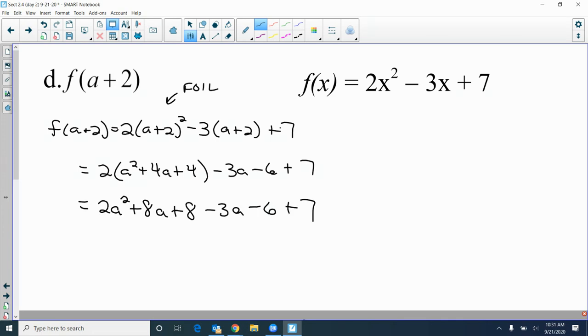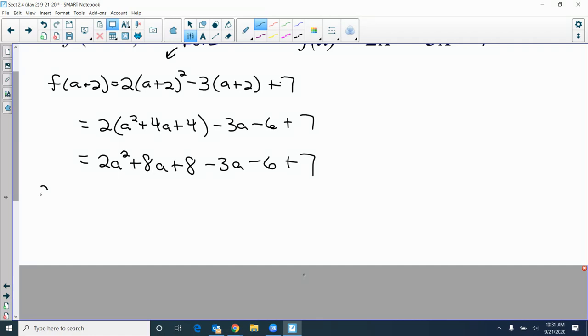And the only thing you need to do at this point is just combine like terms. Okay, so we got f of a plus 2 equals 2a squared, 8a minus 3a is plus 5a, 8 minus 6 is 2, 2 plus 7 is 9. Done. Okay, that's all you can do for f of a plus 2.